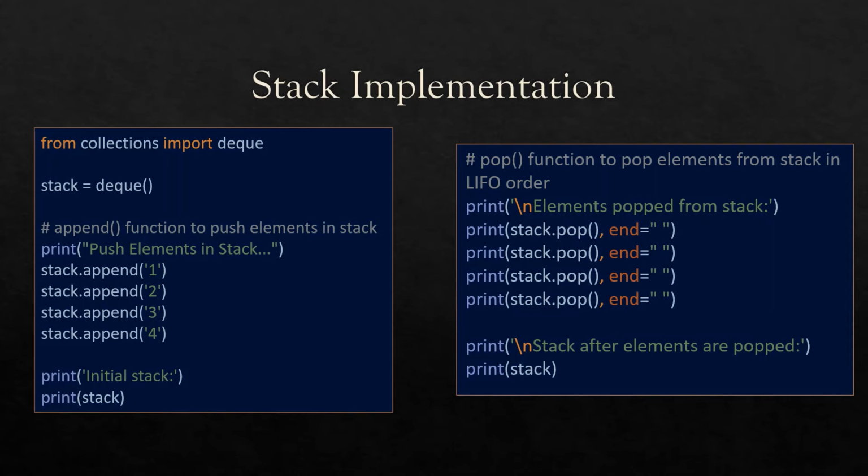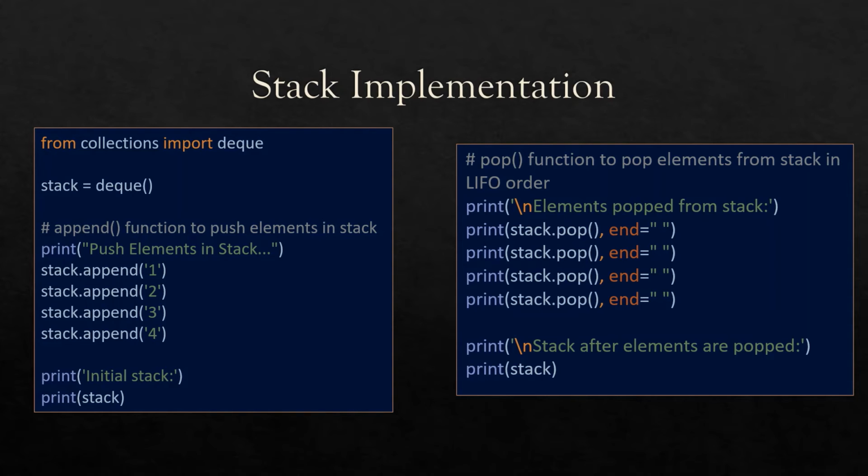To implement a stack using Python, we can directly make use of the deque package in collections. Deque has a function called append, which is similar to the push operation in a stack, and it has an operation called pop, which is similar to the pop operation in a stack.